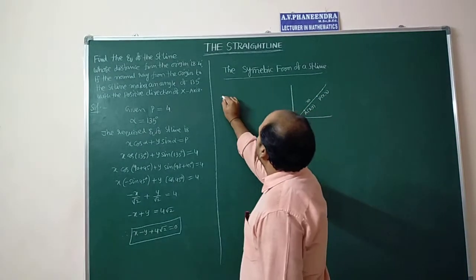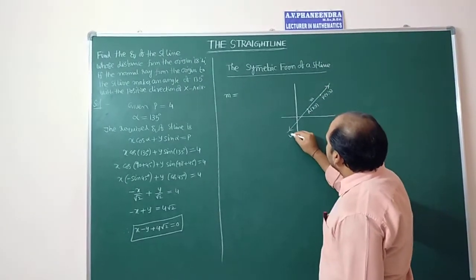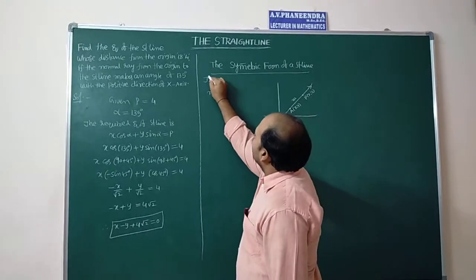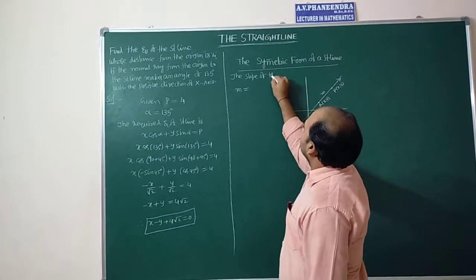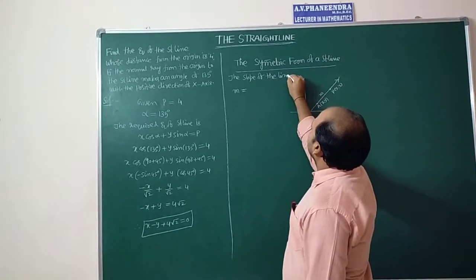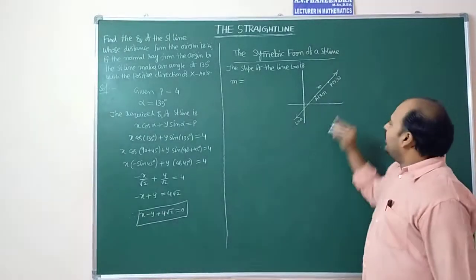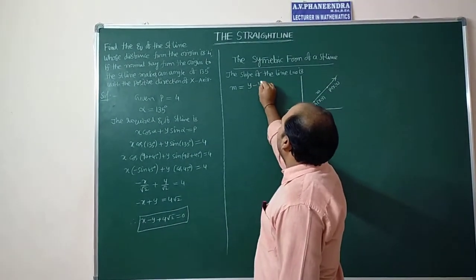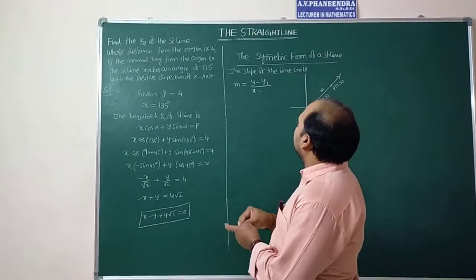So for the slope of this line, we are assuming this line is L equal to 0. The slope of the line L equal to 0 is m equal to the difference of y coordinates by the difference of x coordinates. m is equal to y minus y1 by x minus x1.